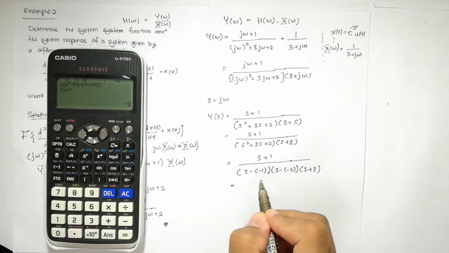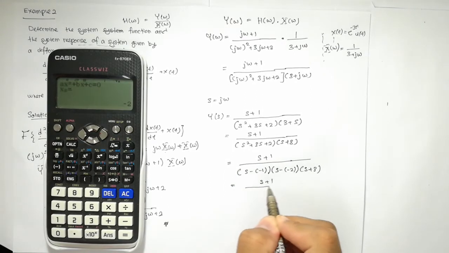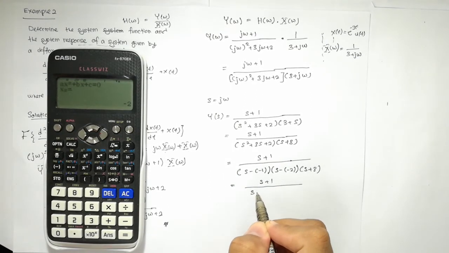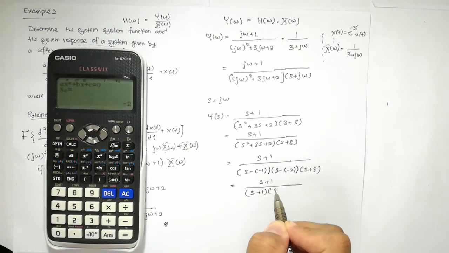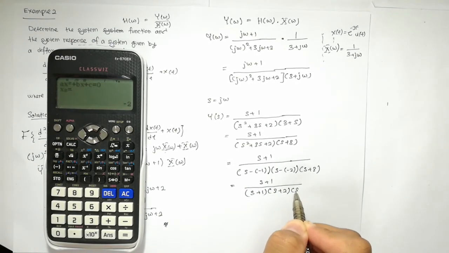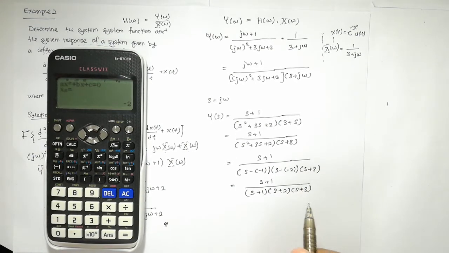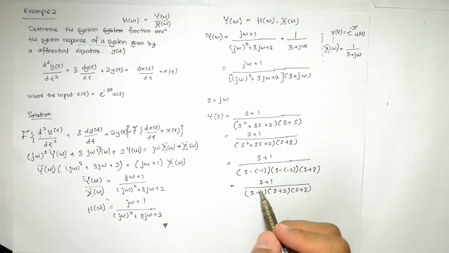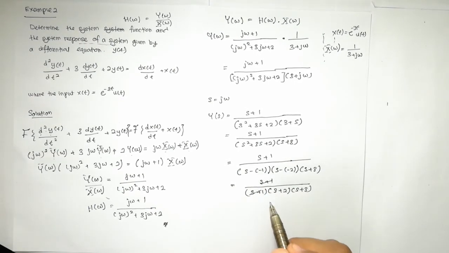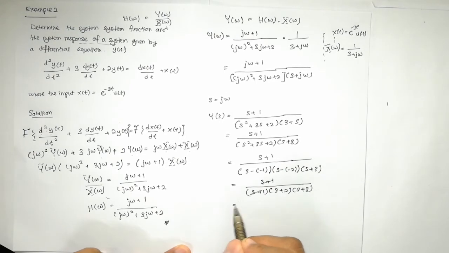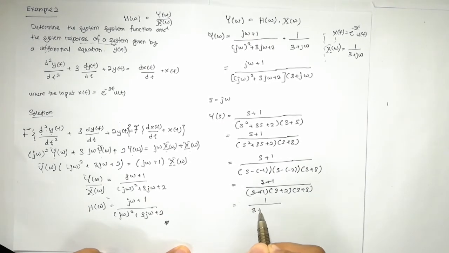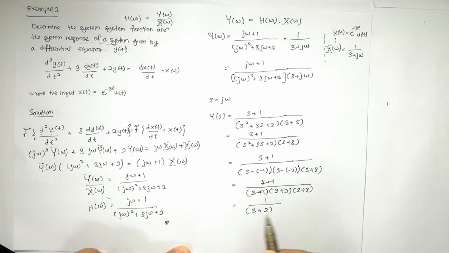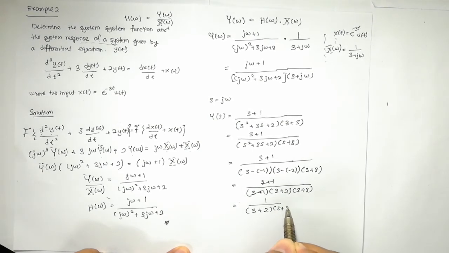So we can simplify this: (s + 1) divided by (s + 1)(s + 2)(s + 3). We can cancel out the (s + 1), so we are left now with 1 over (s + 2), multiplied with 1 over (s + 3).